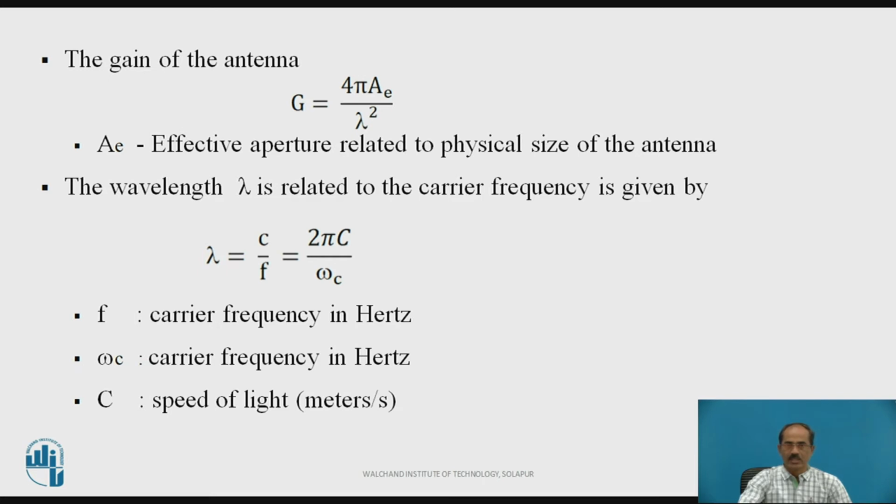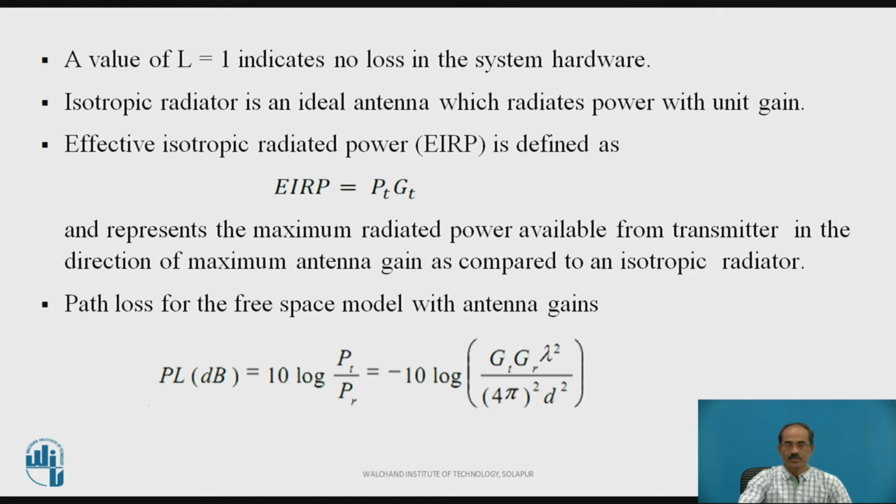The wavelength lambda is related to the carrier frequency by lambda = c by f = 2 pi c divided by omega c, because omega c is 2 pi f. f is the carrier frequency in hertz, omega c is the angular frequency in radian per second, and c is the speed of light in meter per second. A value of L equal to 1 indicates no loss in the system hardware.